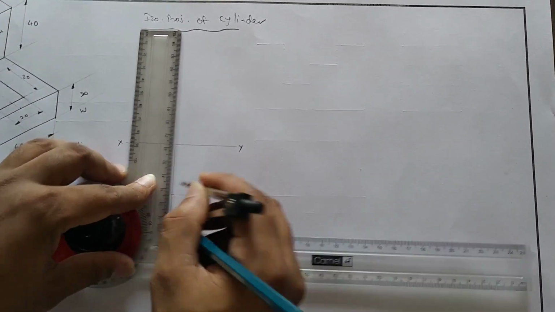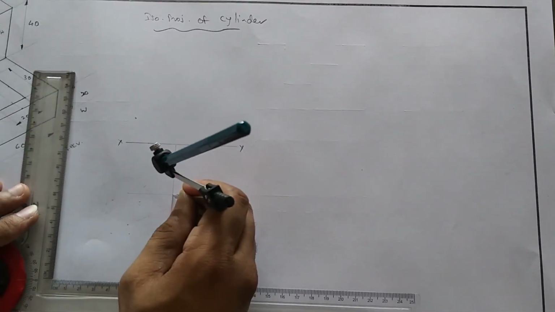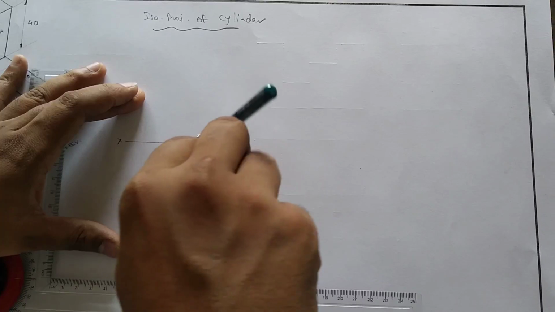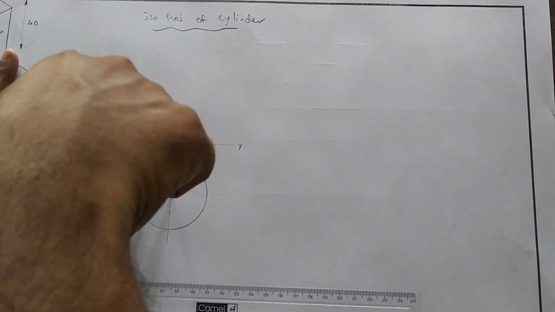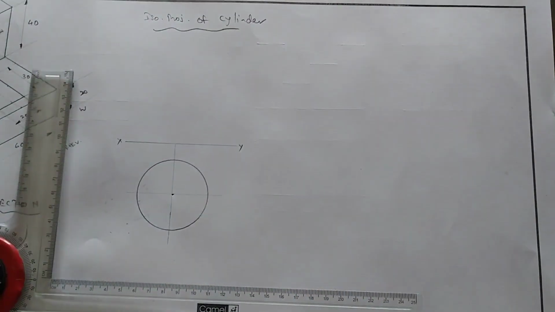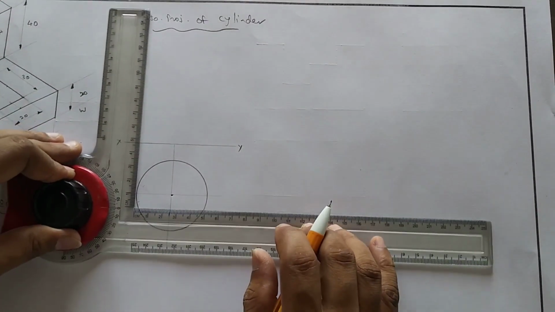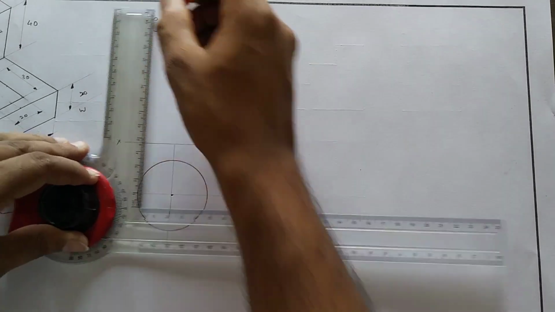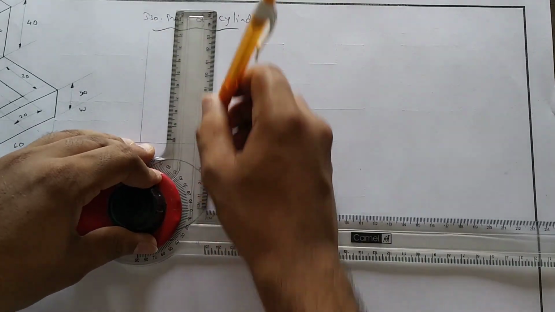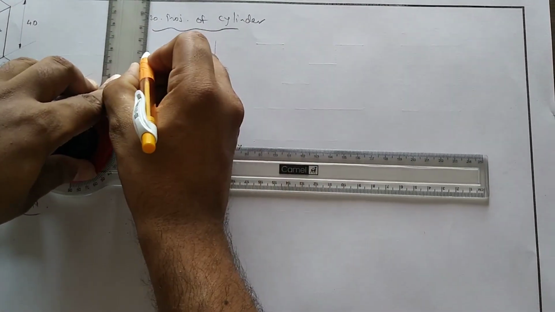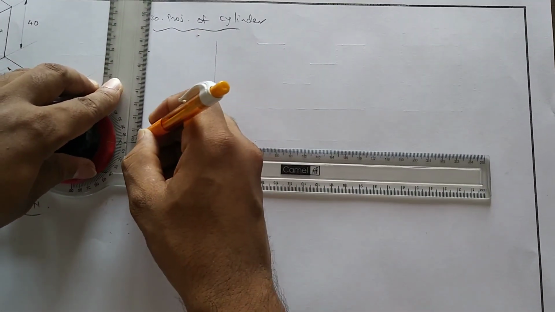The radius would be 25. Now I'll draw the projectors from here, from the end generators of the object. This would be the top view, and the height I'm taking over here is 70.